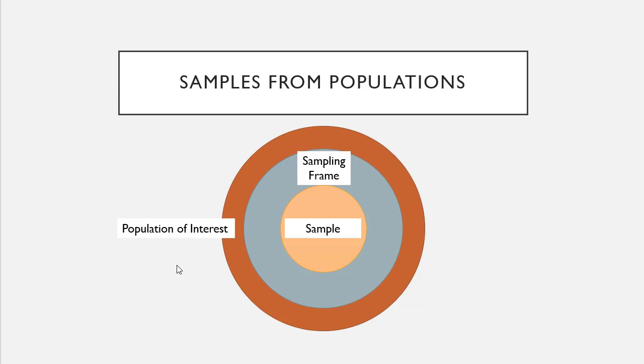Another example of this might be the opinions of people who are incarcerated. Let's say that we wanted to know what their opinion was of the amount of leisure time they have to spend. So if our population of interest is all incarcerated people, but we only had access to, let's say, all the prisons in Michigan, our sampling frame would be the prisoners in Michigan.